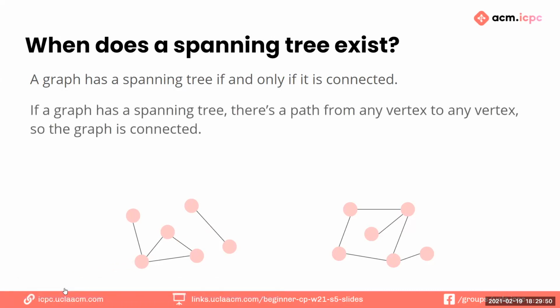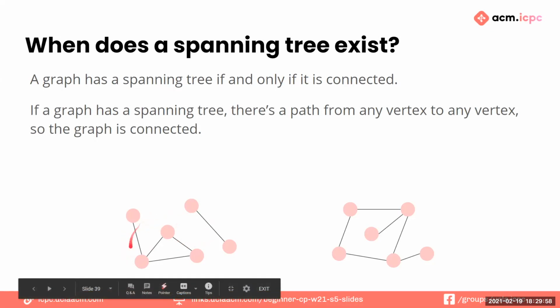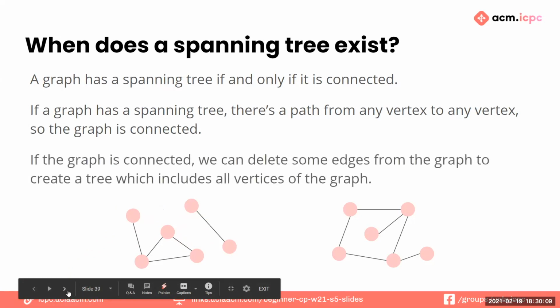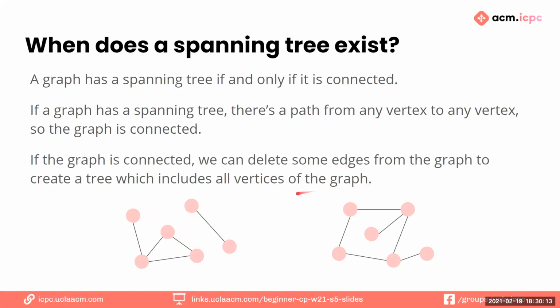If a graph has a spanning tree, there's a path from any vertex to any vertex because trees are connected. A spanning tree containing all the vertices of the graph will make the graph connected, essentially. And if a graph is connected, we can just delete some edges from the graph to create a tree that includes all the vertices of the graph and essentially be a spanning tree.